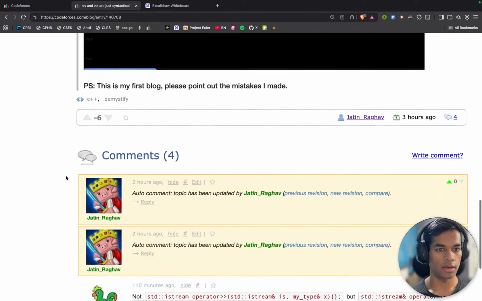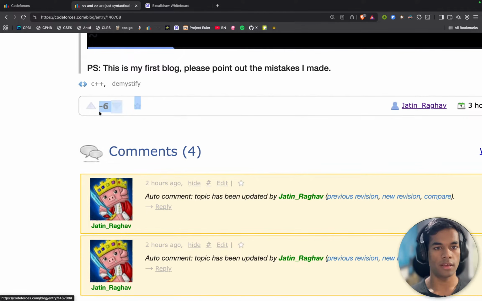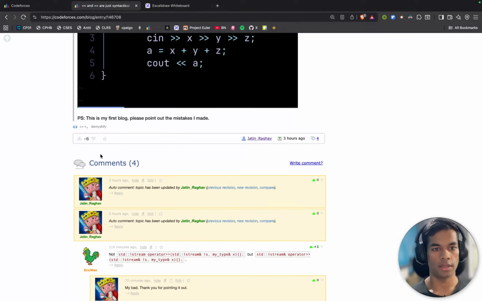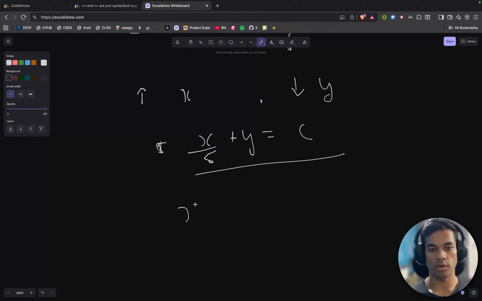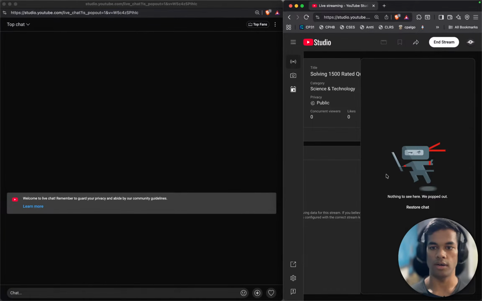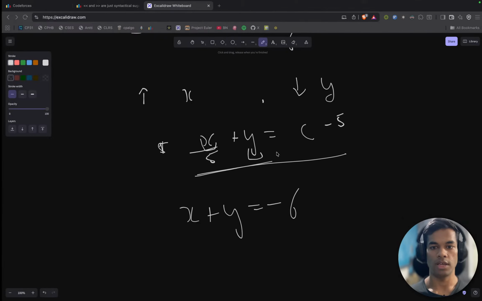But here, I think upvotes and downvotes have equal contribution. So this -6 would be x plus y equals -6, and here the contribution is equal to -5. So we should be able to figure out what these x and y values are, and that would be pretty nice.